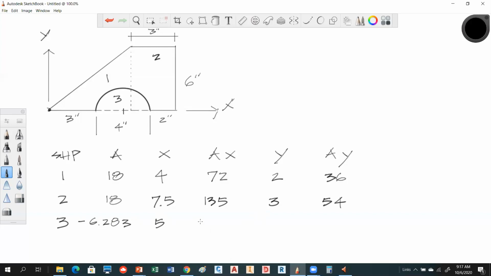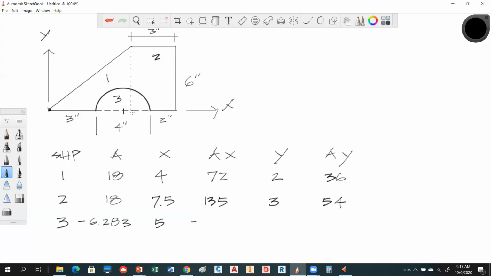Would we make that 5 a negative or not? We wouldn't, because -5 would be saying we're going this way from the origin in negative territory. This distance is a positive distance.